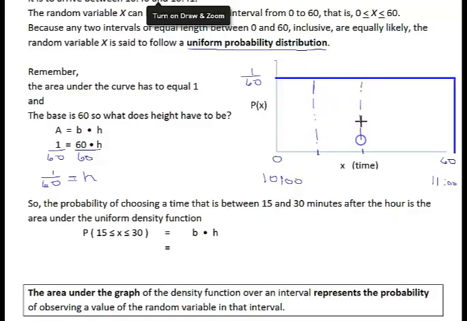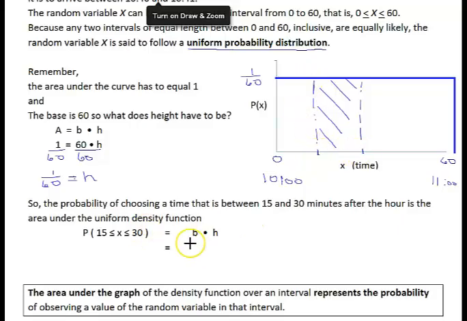They're asking what's the probability of him coming at this time. Probability just means the area in this little section, so all we have to do is find the base times the height. All these heights are the same, so the height is 1/60th.